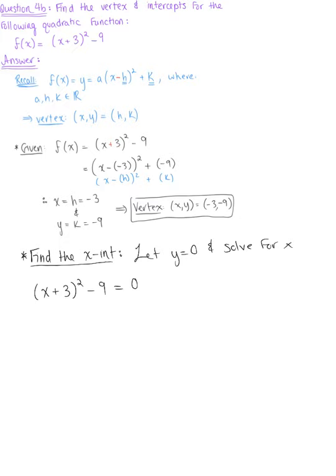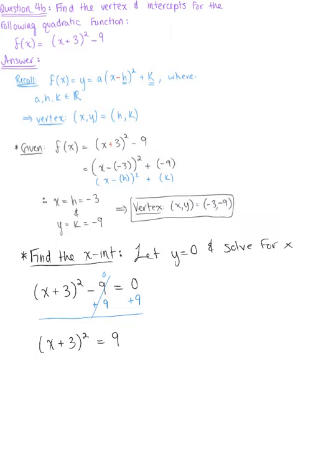The first thing I'm going to do here is add 9 to both sides of the expression. So we have minus 9 plus 9 goes to 0, and we are left with (x + 3) squared is equal to 9. And now we've set ourselves up for the square root method.